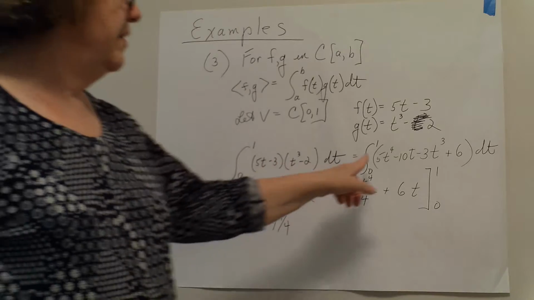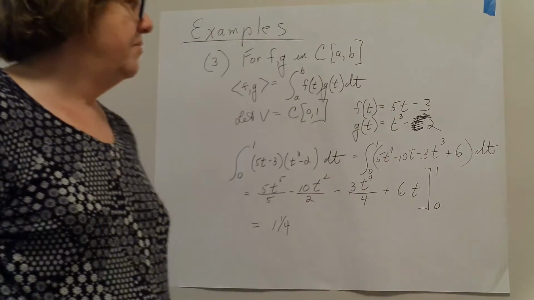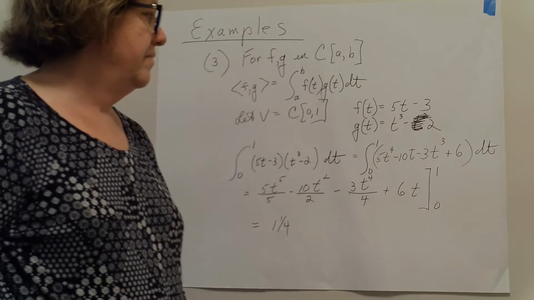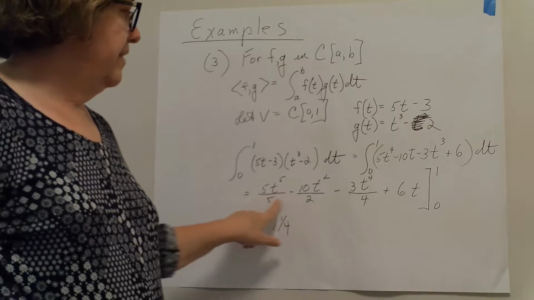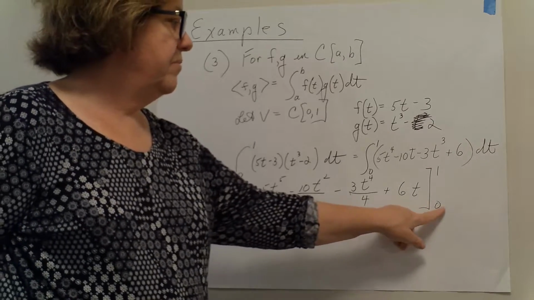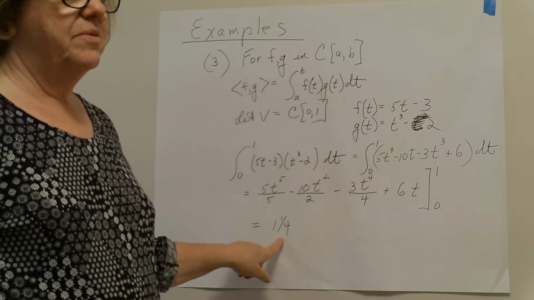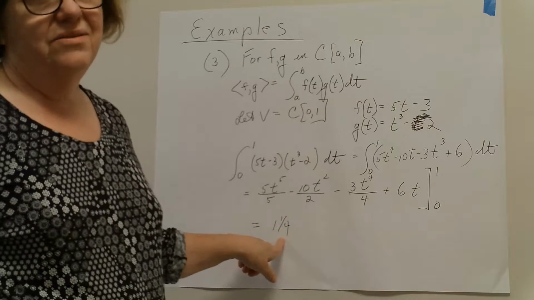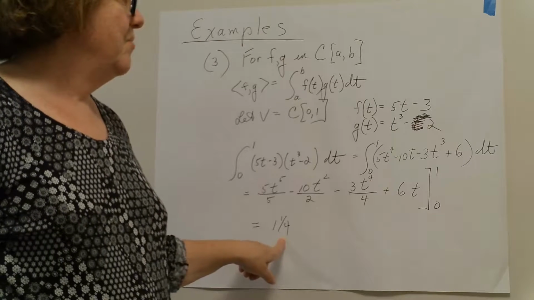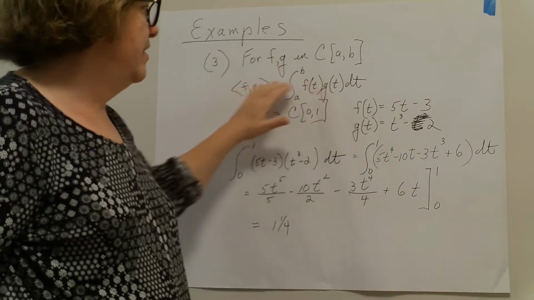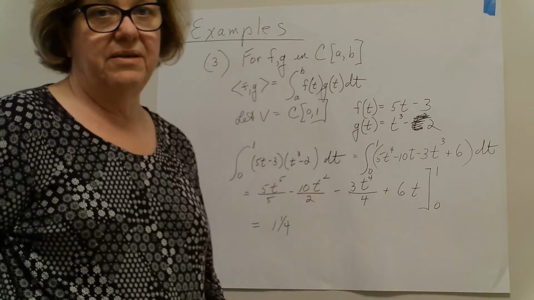Multiply that out, and we get 5t to the fourth minus 10t minus 3t cubed plus 6. Take the integral, and we get this. Then we evaluate the integral from 0 to 1, and if my arithmetic is correct, and I think it is, it's 1 1/4. So this is a kind of standard inner product on a function space.